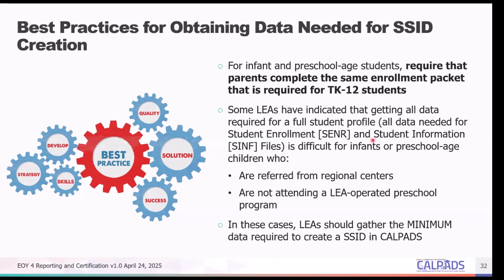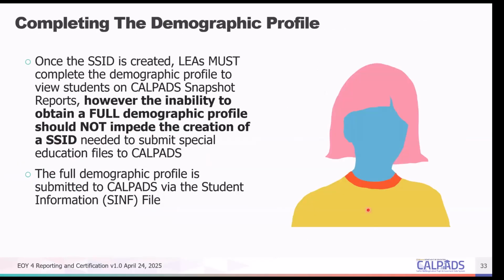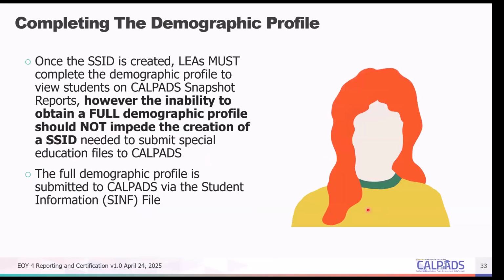Then sometimes some LEAs have indicated that getting all the data required for a student profile is difficult, as I've mentioned. So you may have to do your best to gather that information. Okay, so let's just go here.